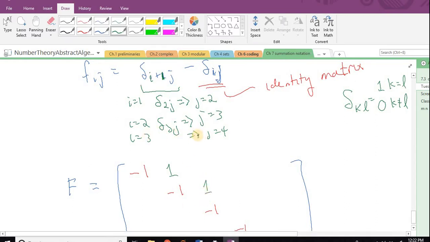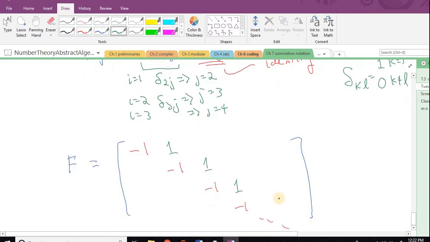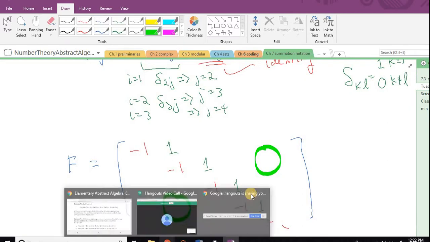And then 3, 4, where's that? Right. I think you can see the pattern. You've got this stair step of minus ones. Then you've got the stair step of ones, and everything else is a big fat zero. That's all zero here. That's all zero here. So that's what F is. F is going to look like that.